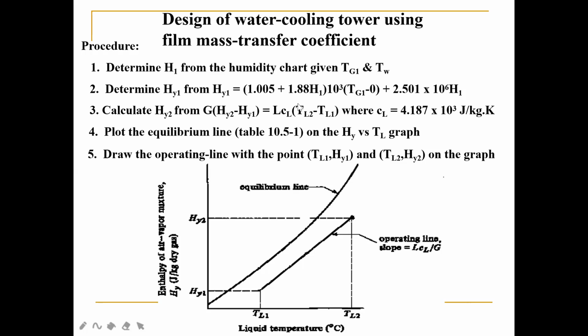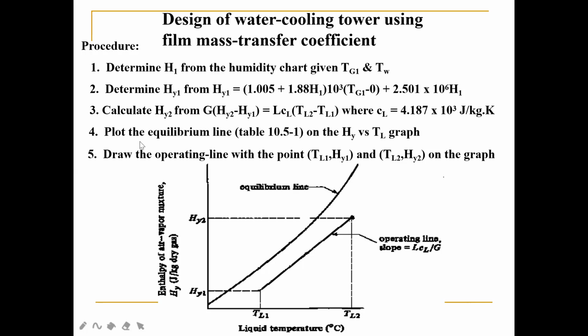Okay, so this is the initial temperature, and you want to reduce the temperature to your target temperature of TL1. Okay, so this TL2 is the temperature of the water you receive from whatever process you have before the cooling tower, and TL1 is the target temperature that you want to achieve from your humidification process.